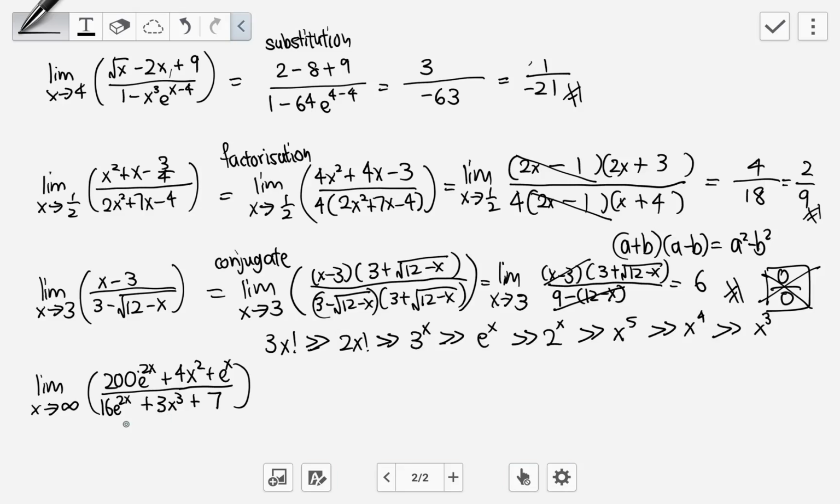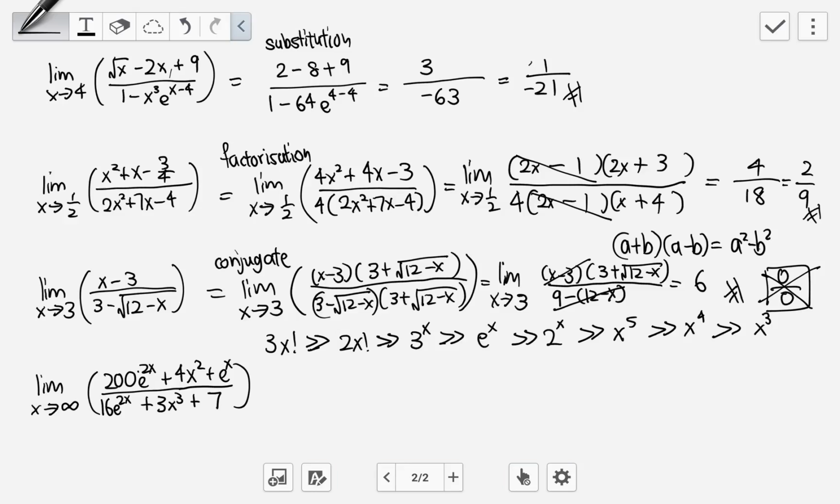So you look at this expression and see which is the largest, which is the term that goes to infinity the fastest. This method is only applicable where you get infinity. So when it has infinity, which of these terms is the fastest? e^2x is faster than e^x, of course.